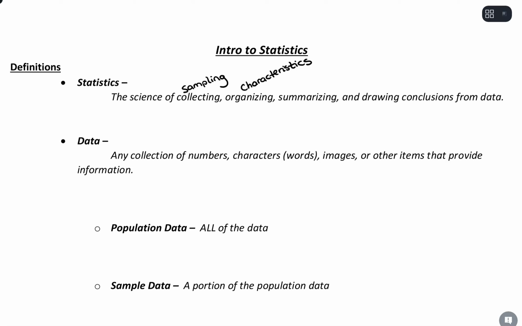Then summarizing the data, there are going to be a lot of different ways we can do this. We can do this with graphs. We can do this looking at specific values, which will be called statistics as well. So summarizing is where we get into something called descriptive statistics, which we'll talk about down below as well. But it could come through with graphs or some sort of analysis.